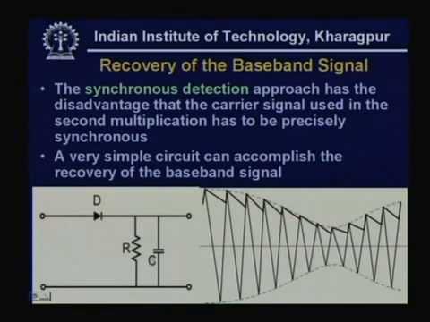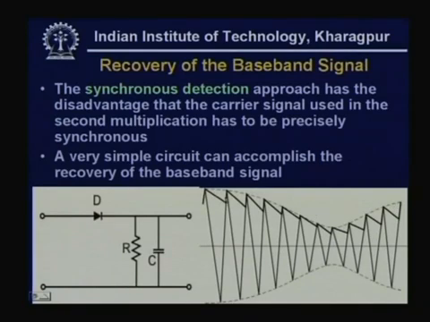As you can see here, the values of R and C can be chosen in such a way that it will follow the envelope. That means you will get this particular curve, which is essentially the baseband signal.